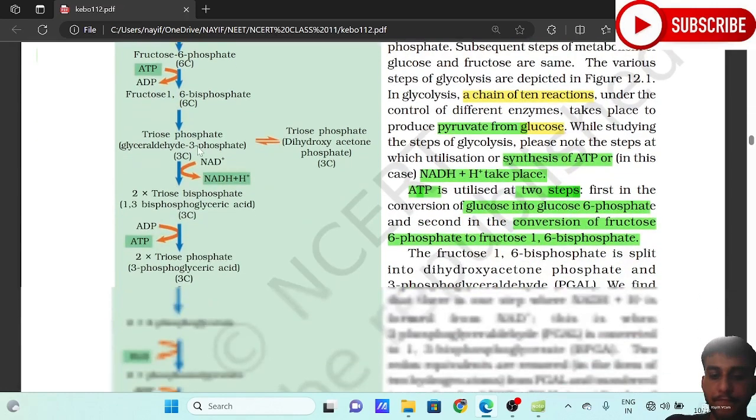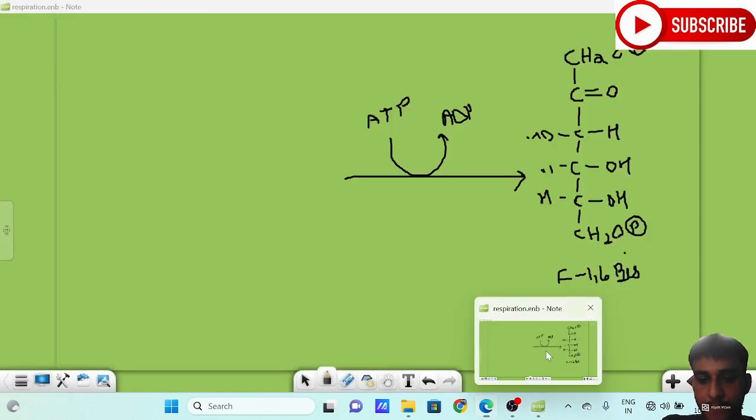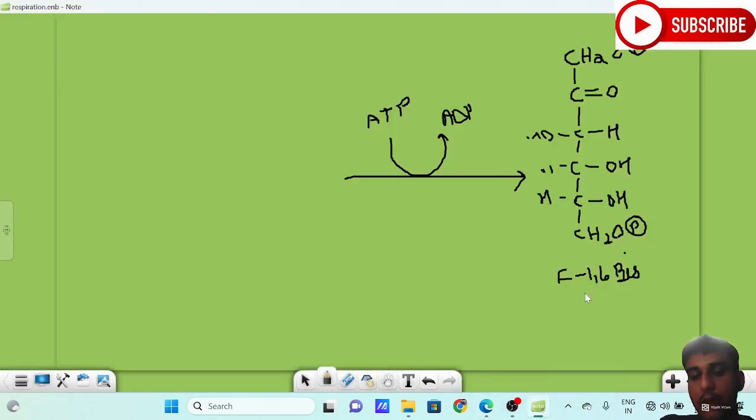Okay. Next. So this is the fourth step. Yes, this is the fourth step. Next, the fifth step. Now fructose 1,6-bisphosphate is formed. Now it is the crucial step we need to understand.